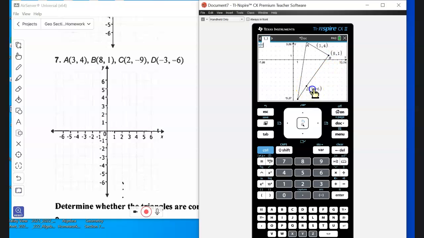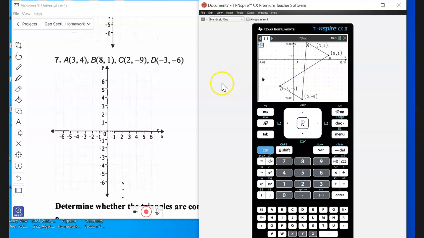This one should have been 2, negative 9.